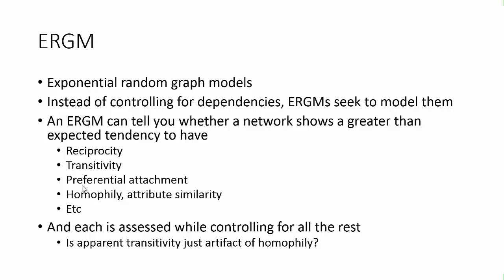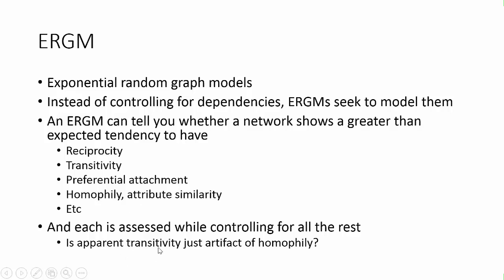Right, so it's like an advice network has a strong tendency to be non-reciprocal. If I give you advice, typically you don't give me advice. So it has this really cool advantage, and all of these tendencies are assessed while controlling for the other ones. And that's really helpful too, because some of them are really similar.